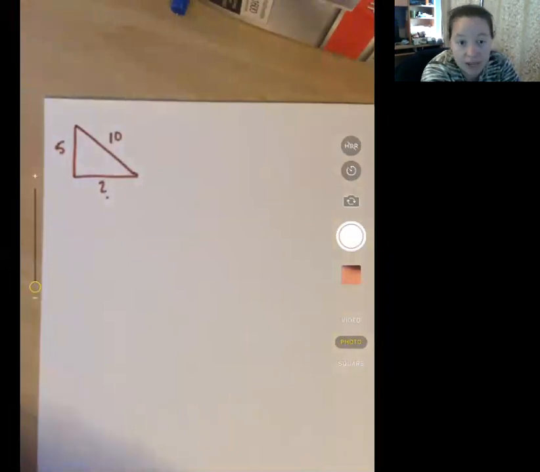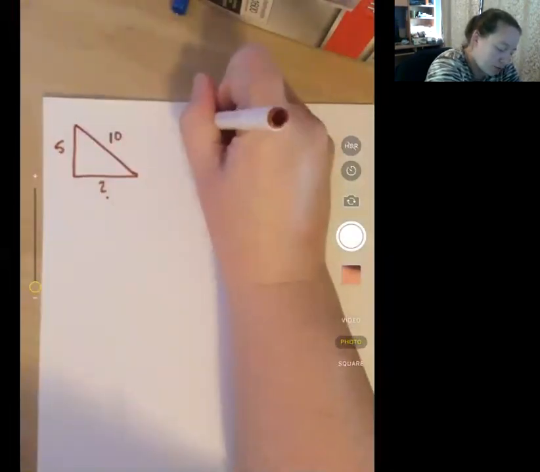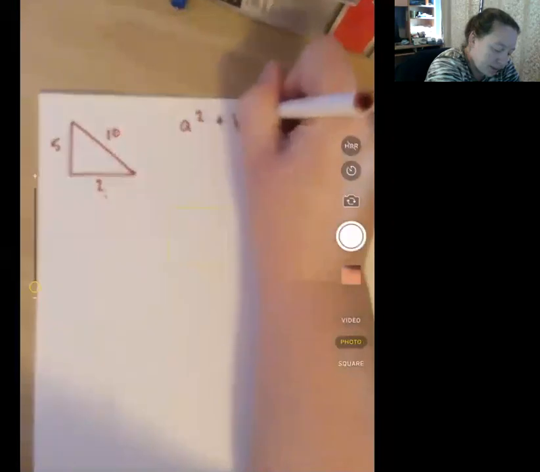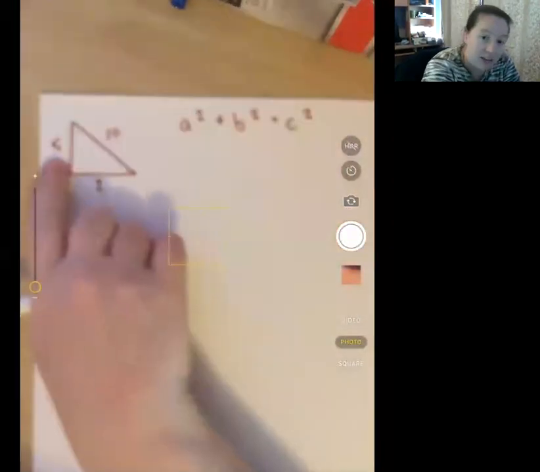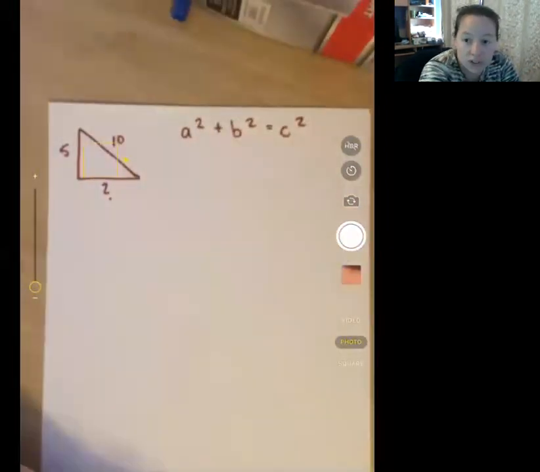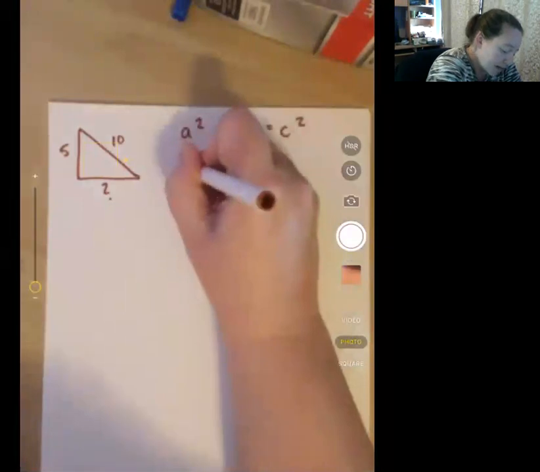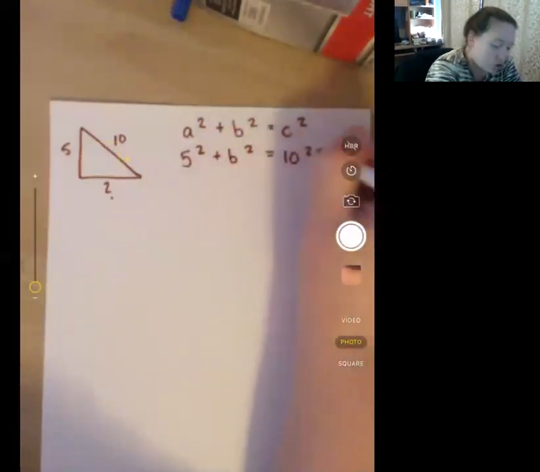And I don't know what that other side is. So I do my Pythagorean theorem. A squared plus b squared is equal to c squared. I'm going to make the 5 the a just because it comes up first. You could make it the b if you want to. It really doesn't matter. So I have 5 squared plus b squared is equal to 10 squared.